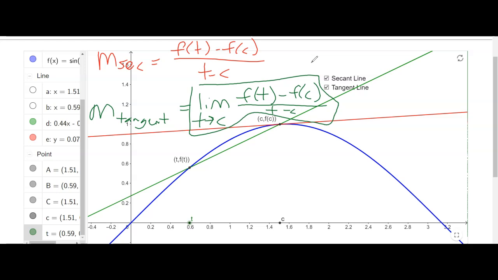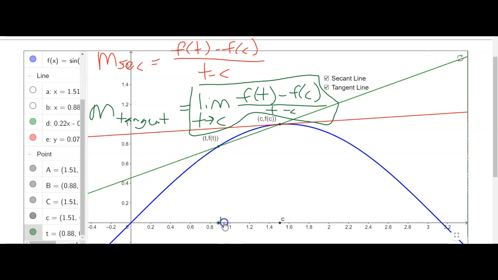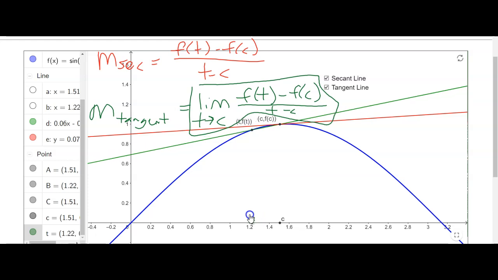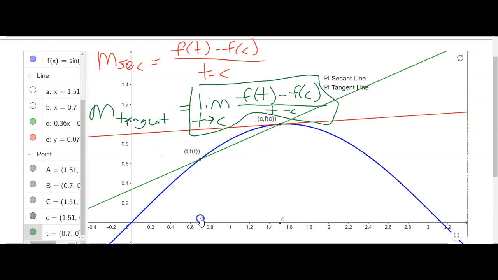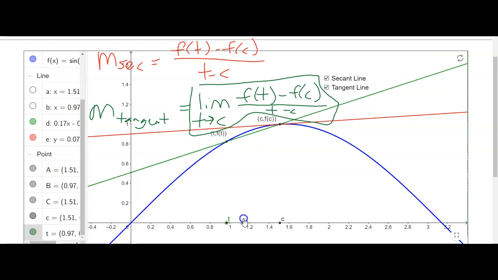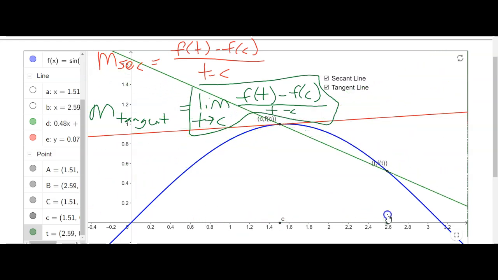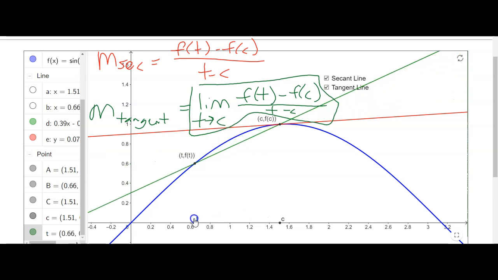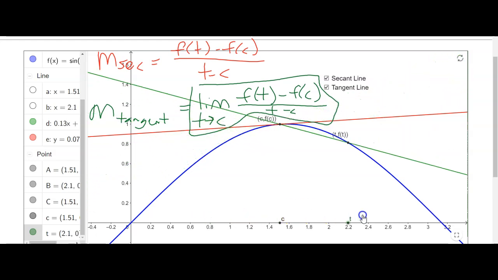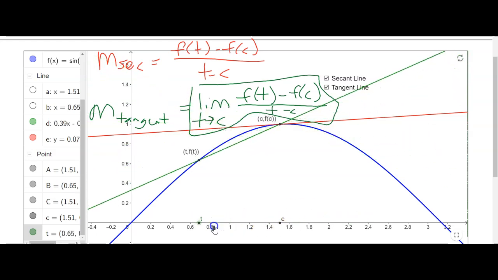And you may wonder why we're not doing a one-sided limit, right? Because from the graph, it looks like we're just approaching from the left. I move my t value, I got to move it from down here. But the reason is t just stands for a random number, right? So t could be on this side or on this side of c, and this equation has to work regardless of what side we're on.